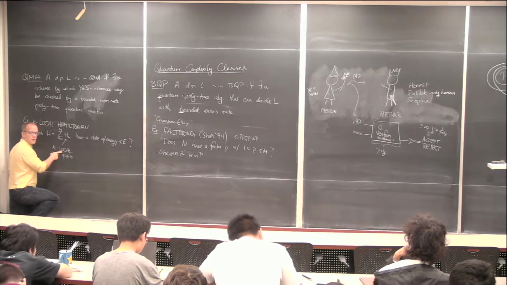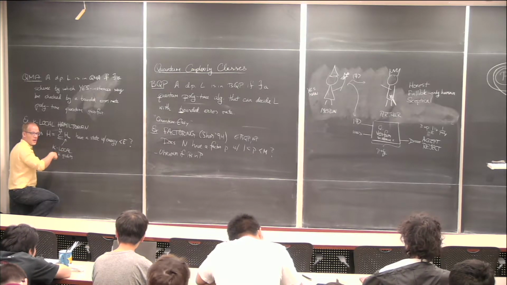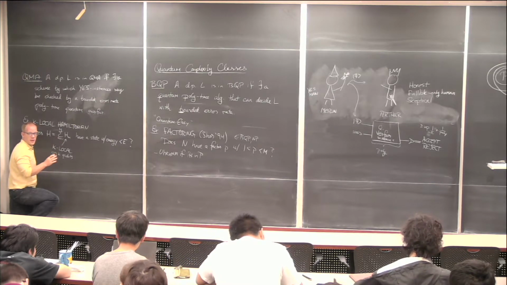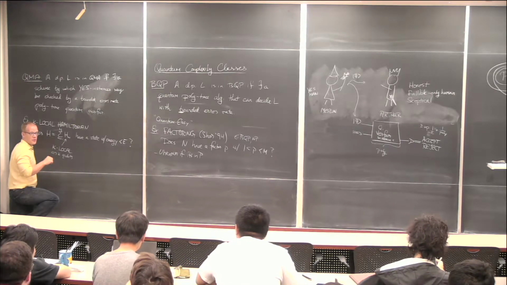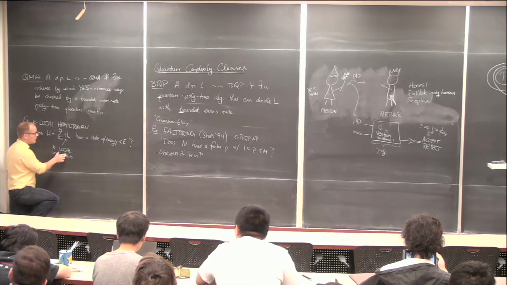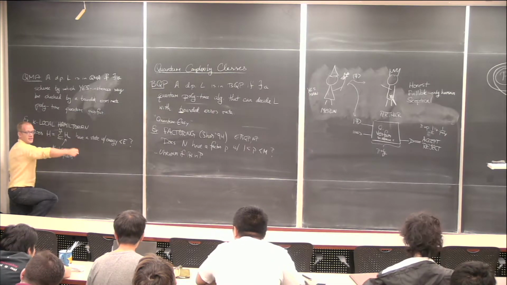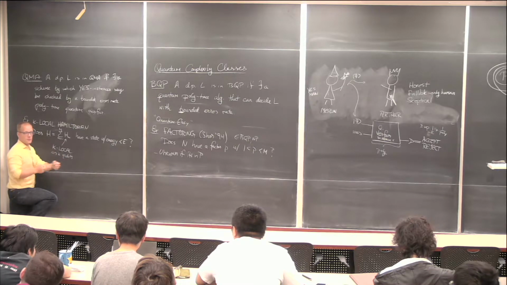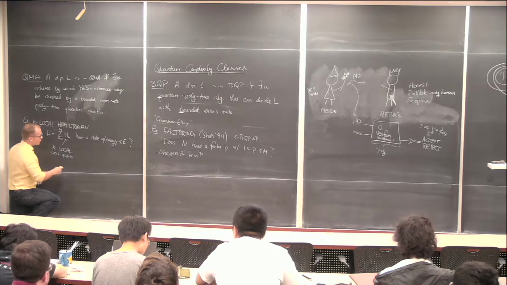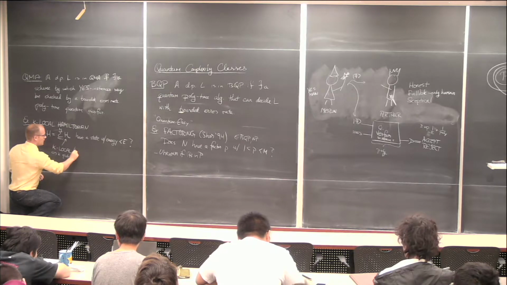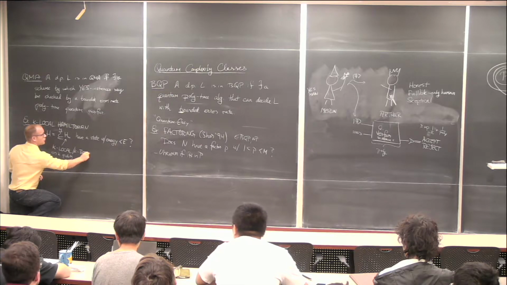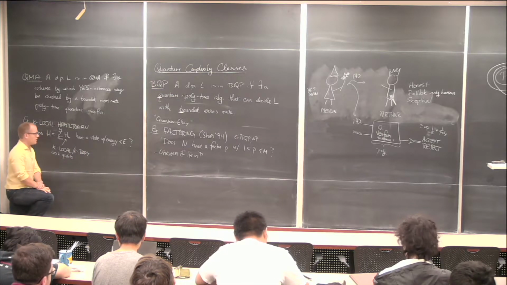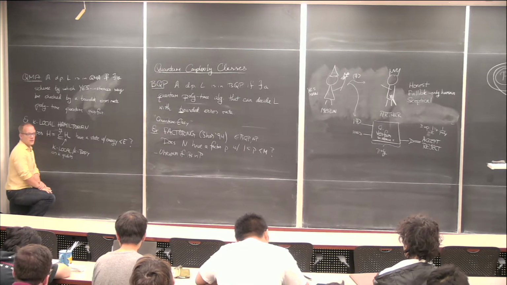K local in the quantum information literature has nothing to do with what a physicist means by locality, which means that this degree of freedom is near that degree of freedom. It means that it could be an arbitrary distance, but it only involves up to K degrees of freedom, which in physics would usually be called something more like K body. So you have 2 body interactions, 3 body interactions, et cetera. So this is what K local means in this context.